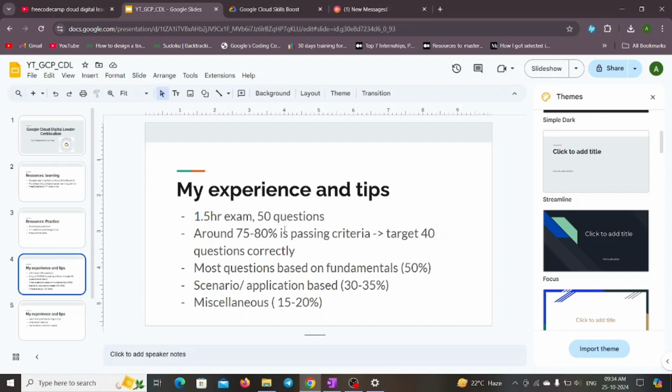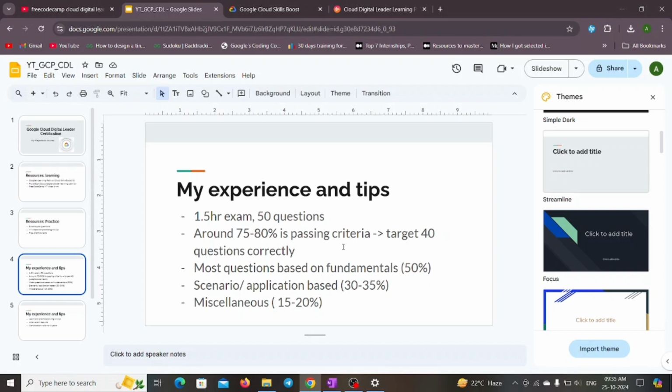Also, I opted for an offline exam center experience, so I scheduled it for an offline center. My experience with the center was good. I had to reach at least 15 minutes before my scheduled time, as given in the email. For the offline test center, we need to take a printout of the email, which contains our exam time, the center, our name and everything, and the test taker's code.